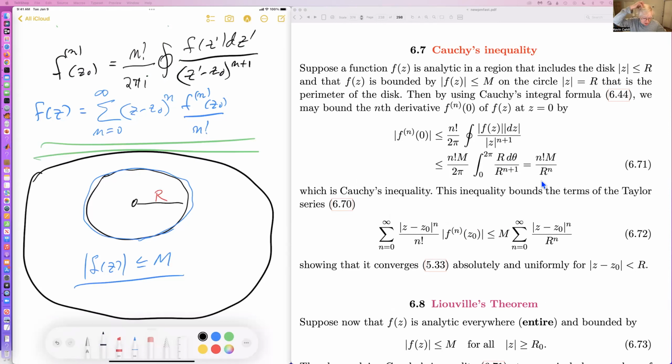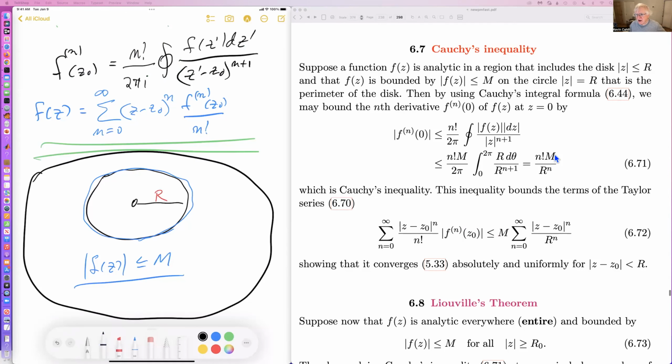So maybe to just repeat the logic here for a moment, you use Cauchy's integral formula to show that the nth derivative at 0 is less than or equal to the bound of f on the circle divided by the nth power of the radius of the circle, if we have analyticity and boundedness.